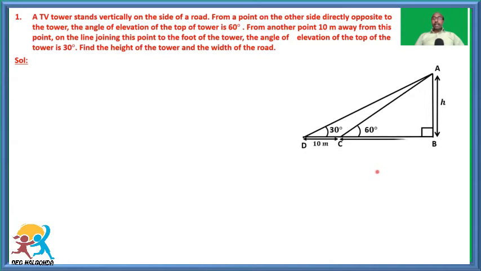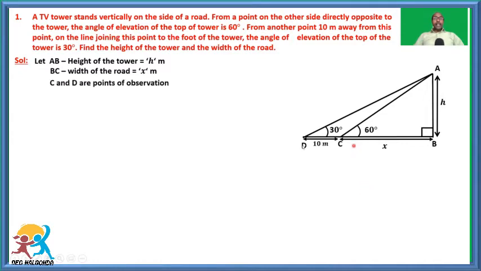Assume that it is h, and let the distance BC be x. Height of the tower is h, and the distance BC is x. Now let us write: AB is the height of the tower, which is equal to h meters, and BC is the width of the road, x meters. C and D are points of observation, and the measurements given are angle ACB is equal to 60 degrees and angle ADB is equal to 30 degrees.